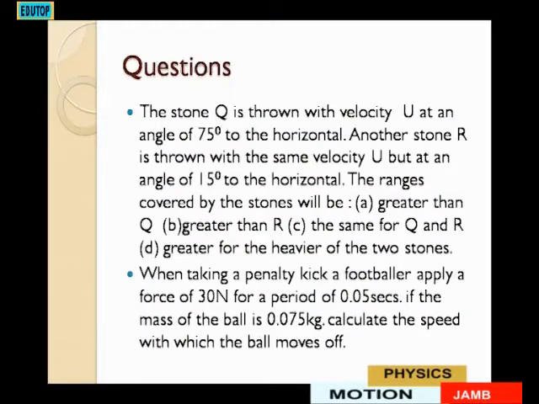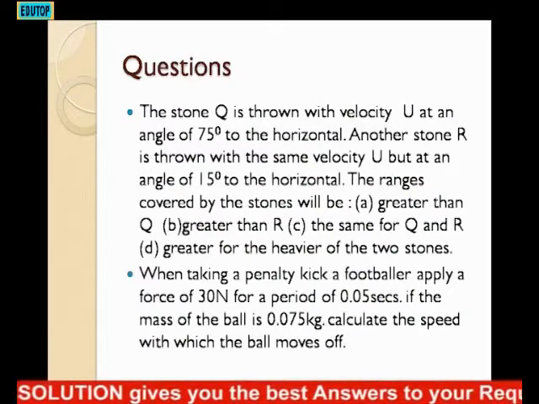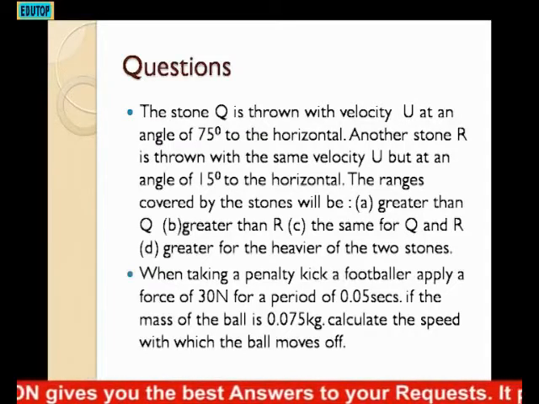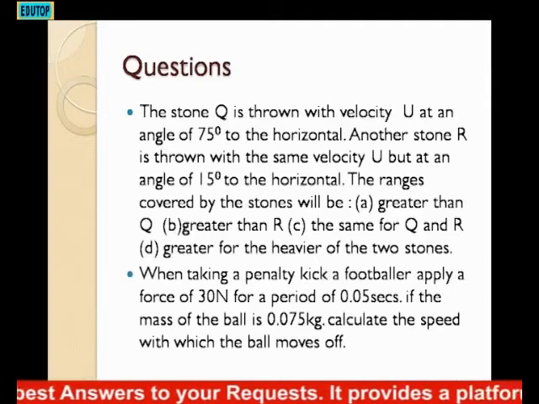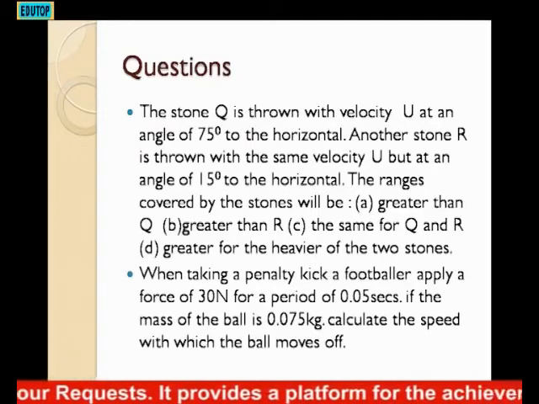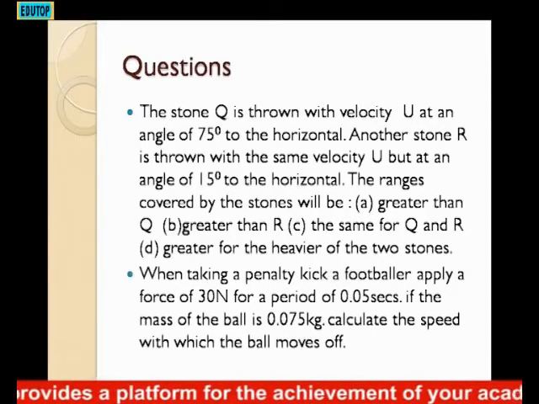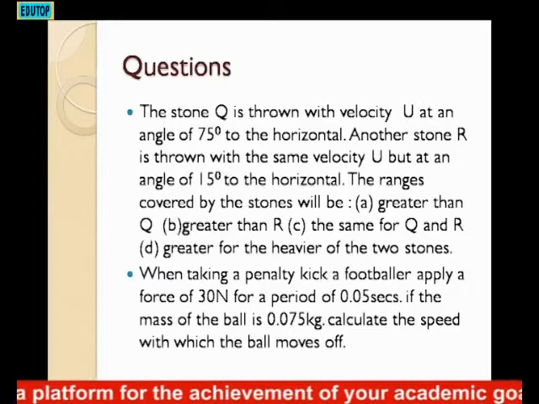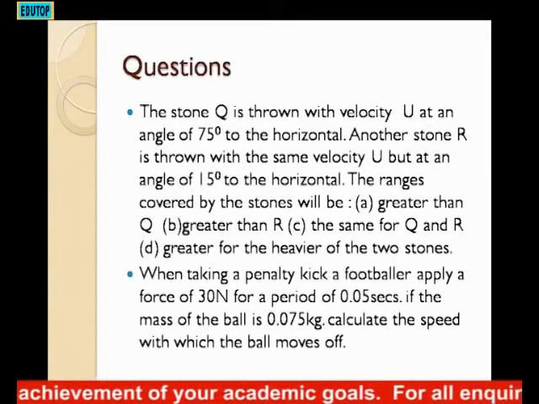Question number 21. When taking a penalty kick, a footballer applies a force of 30 Newton for a period of 0.05 seconds. If the mass of the ball is 0.075 kg, calculate the speed with which the ball moves up.